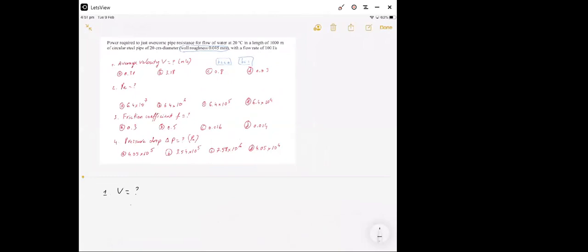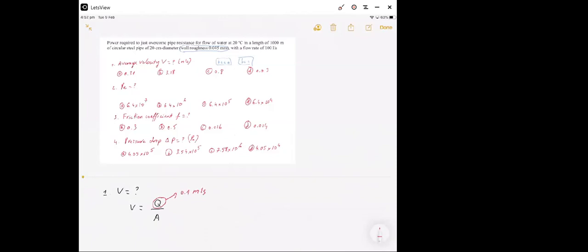So first one, velocity. We have velocity equal to Q over cross-section area, volume flow rate divided by cross-section area. With volume flow rate 100 liters per second, or 0.1 meter cubed per second.